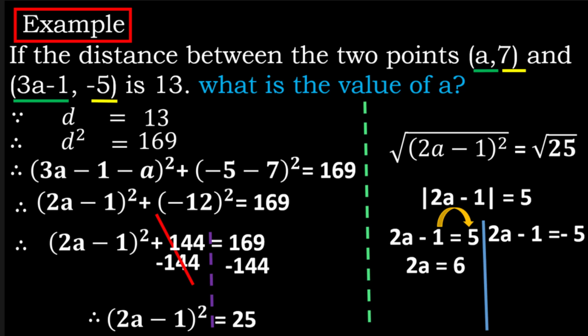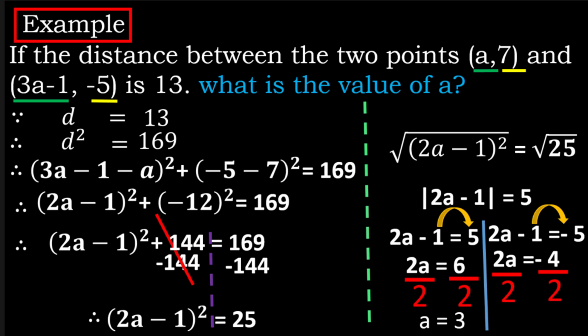Equals 6, and divide both sides by 2, we get a equals 3. Go to the second equation, 2a minus 1 equals negative 5, move negative 1 to the other side to be added, so negative 5 plus 1 equals what? Equals negative 4, and divide both sides by 2, we get a equals negative 2.